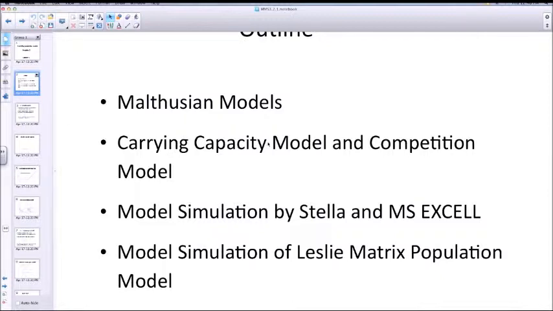And then we're going to look at a simulation with Stella. And I will leave the MS Excel simulation as an exercise. And then we are going to talk about the Leslie matrix and use Stella to model the same problem.